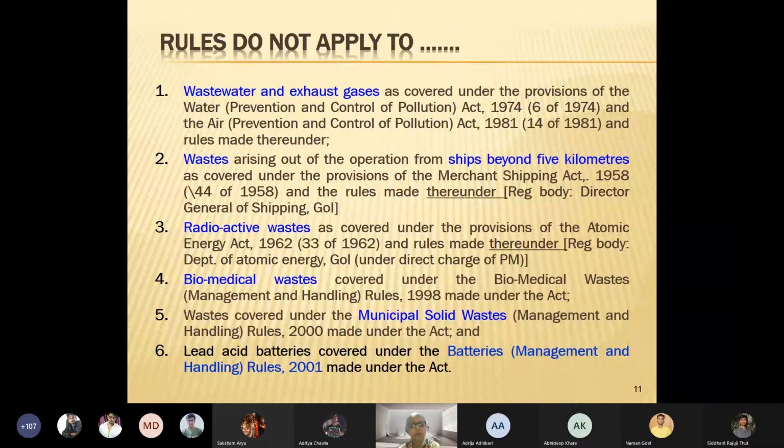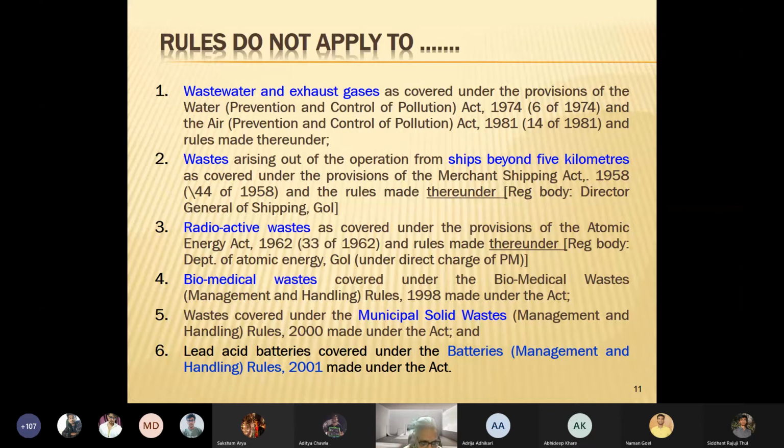West Bengal has its own pollution control board, and so do Gujarat, Maharashtra, Rajasthan, every state. They are required to have their own state pollution control boards, and these state pollution control boards are answerable to the Central Pollution Control Board.